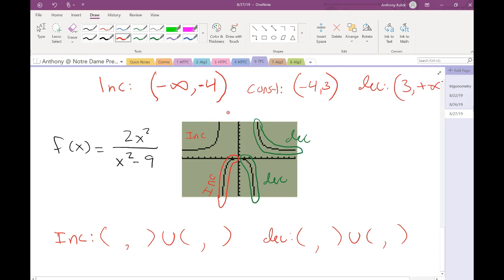So let's look at this first increasing part here on the left. I'll start with the leftmost part of it, which is an arrow pointing to the left. What should I pick as my lower bound then? Negative infinity. And where does this increasing part look like it's stopping?